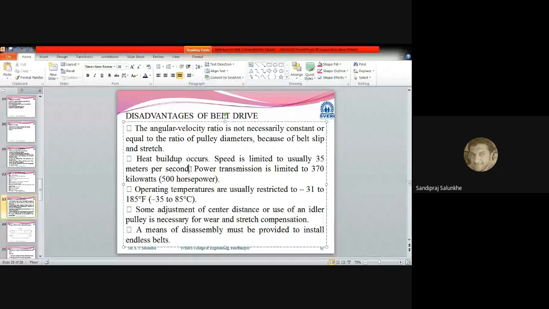Okay, then 35 meter per second. What do we have to do? 35 multiplied by 3600, right? It will become hour, divided by 1000.